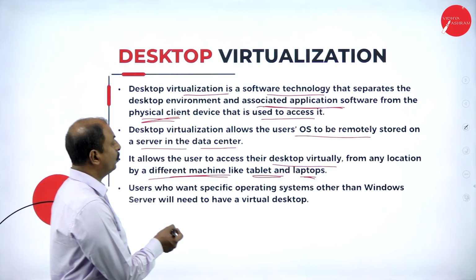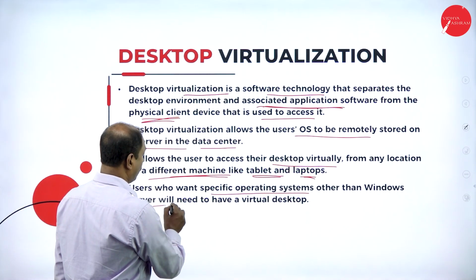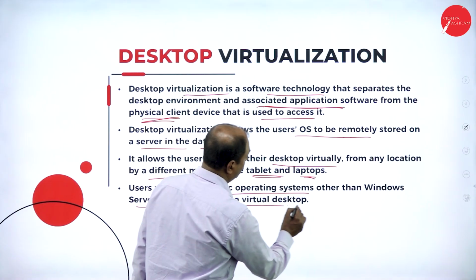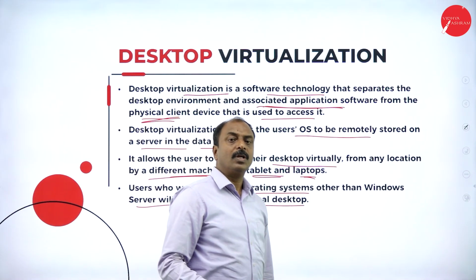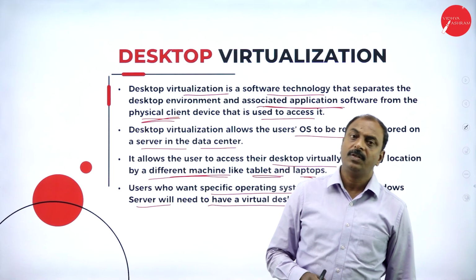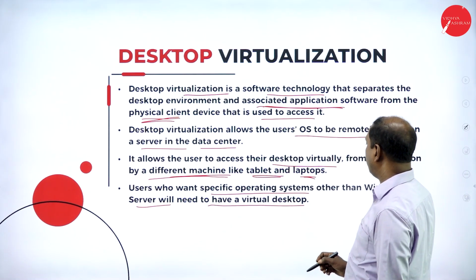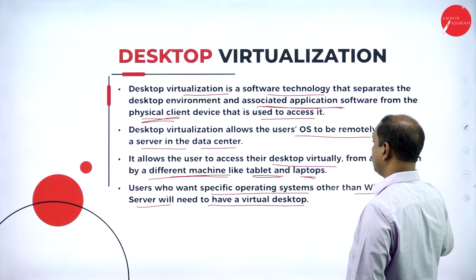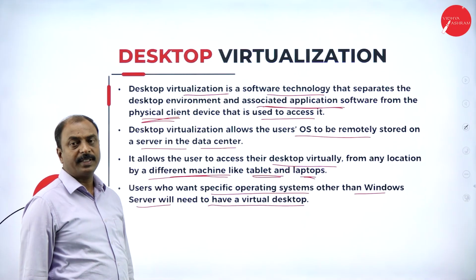Next, users who want a specific operating system other than Windows Server will need to have a virtual desktop. So it is possible to have more than one operating system in the virtual environment. Suppose any user would like to have an operating system other than Windows, it can be provided through desktop virtualization.